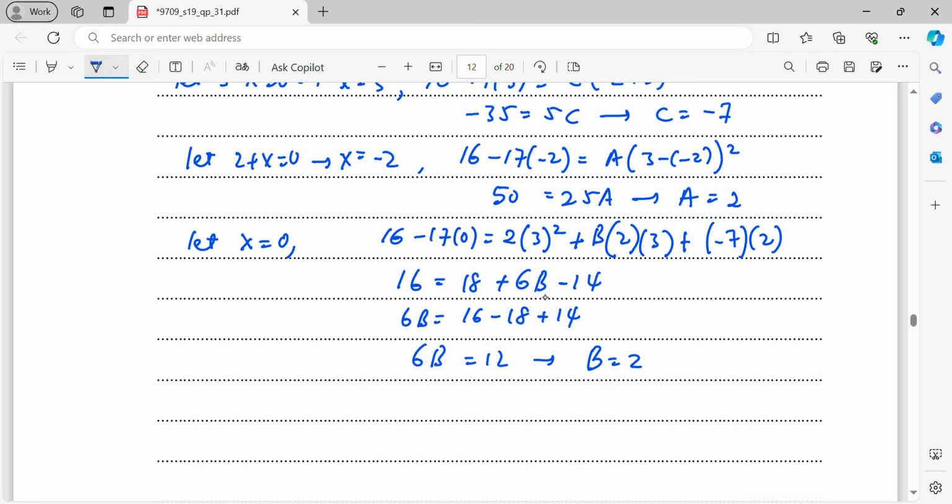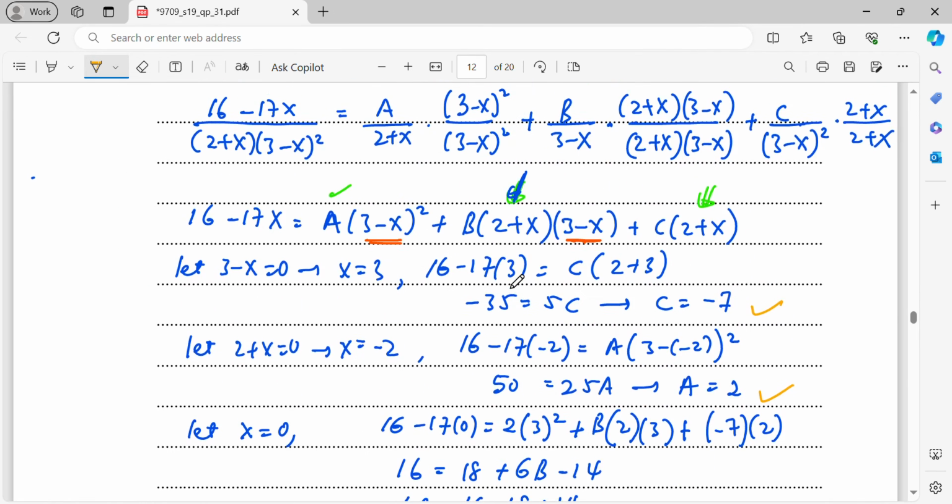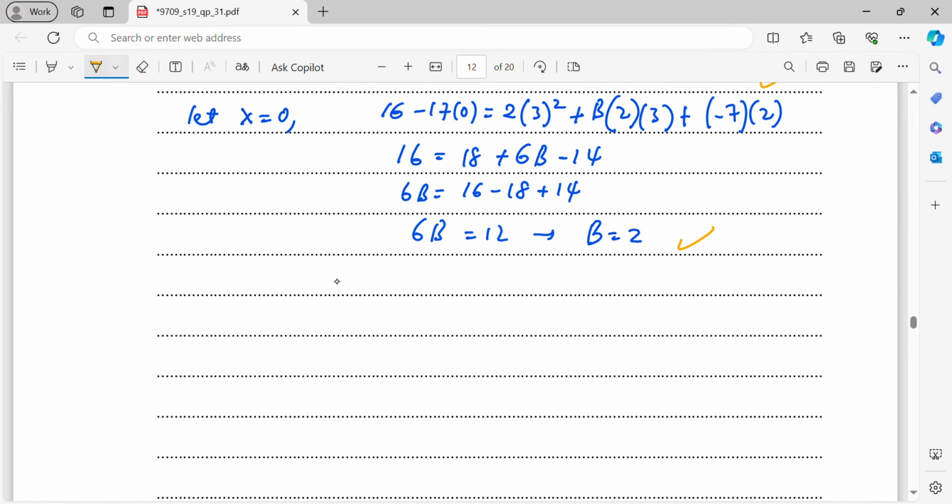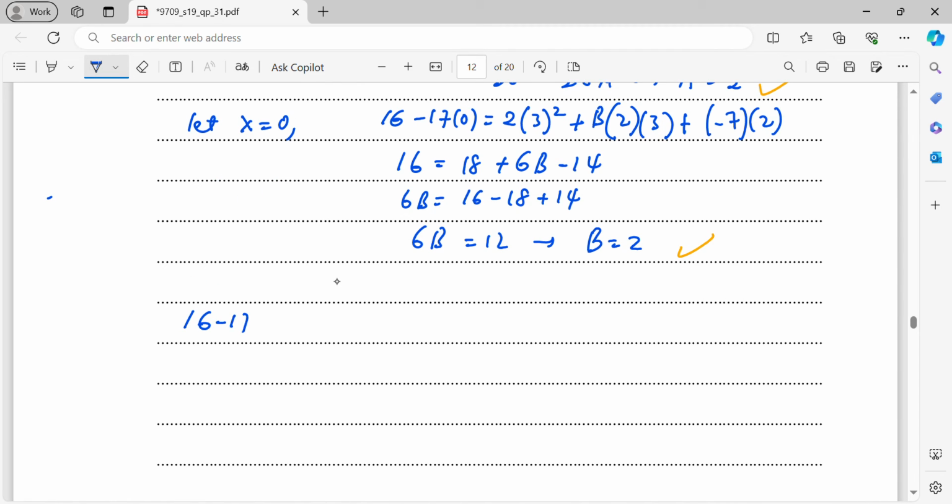Once you have found these three unknowns, okay, A, B, and C, substitute back into your general form to get the partial fractions. So I will be getting 16 minus 17x over 2 plus x times 3 minus x squared. That is going to be A over 2 plus x.